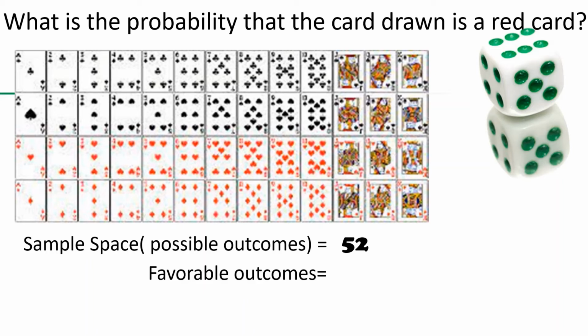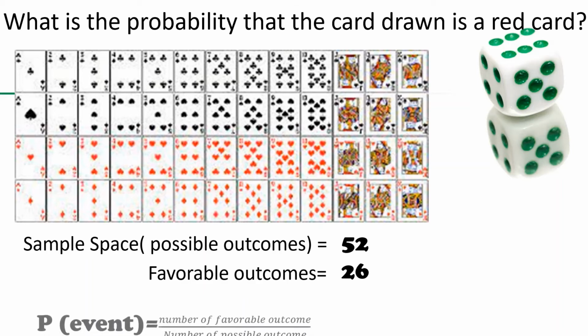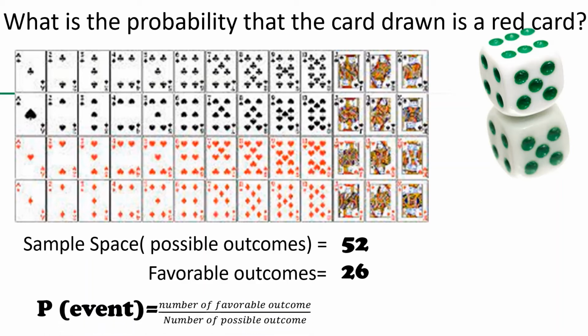So for the red card, we have 26 red cards. Using our formula, probability of event is equal to number of favorable outcomes over number of possible outcomes. And the probability of getting a red card is equal to 26 over 52, or in reduced form, we have 1/2.